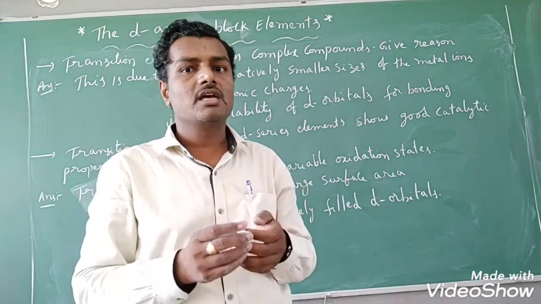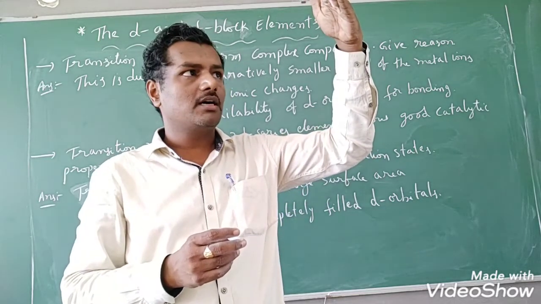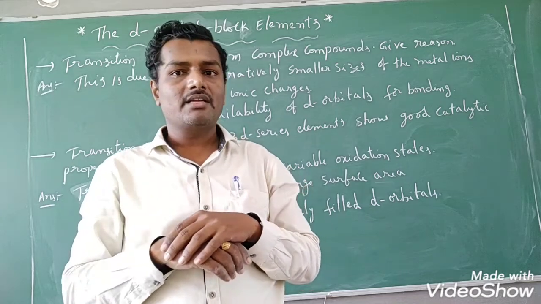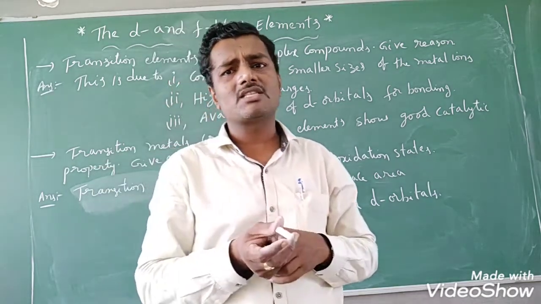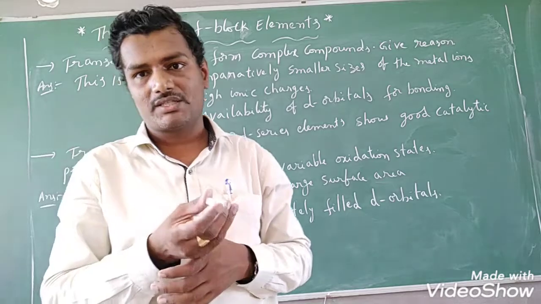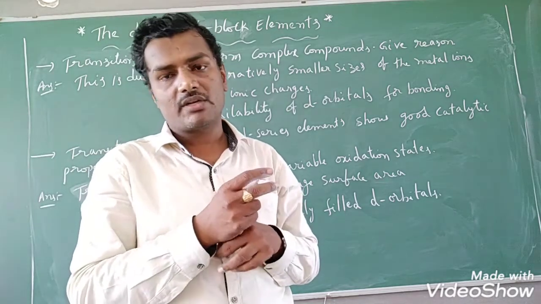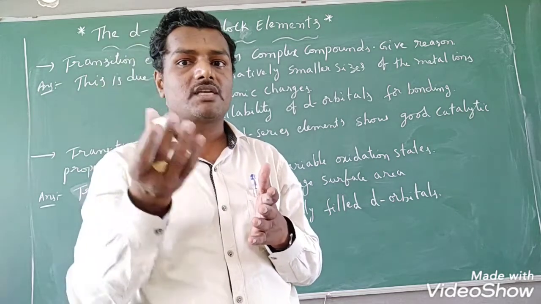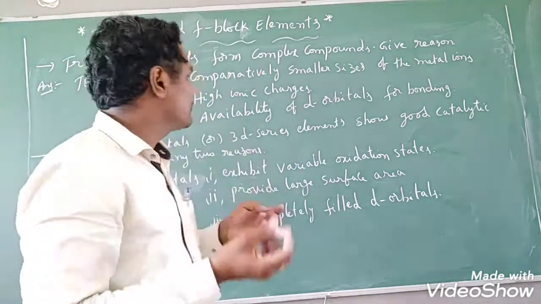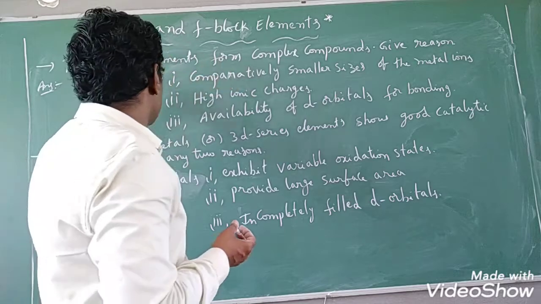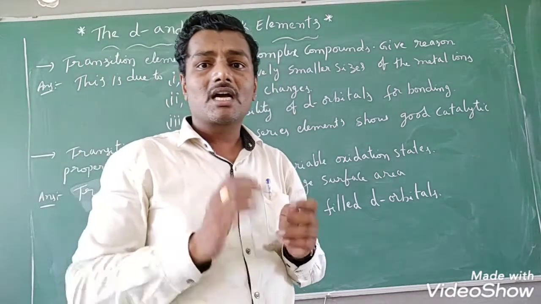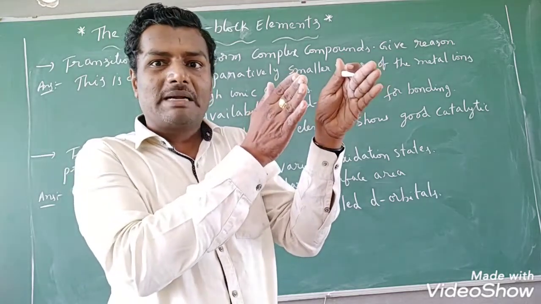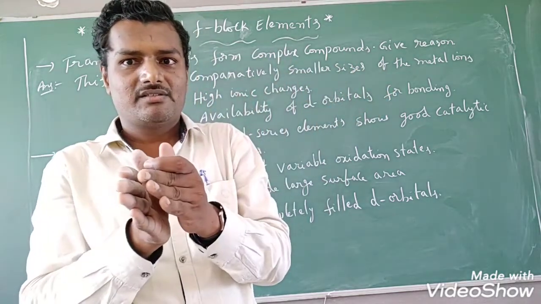If you take manganese, its oxidation states vary from +2 to +7, right? In a similar manner, most transition elements exhibit high ionic charges, meaning variable oxidation states. Not only +2, +3, some elements will exhibit +6, +7, +8 also. So because of high ionic charges, these elements form complex compounds. Complex compounds mean, as we know already, that in a complex compound the metal ion is bound by ligands.